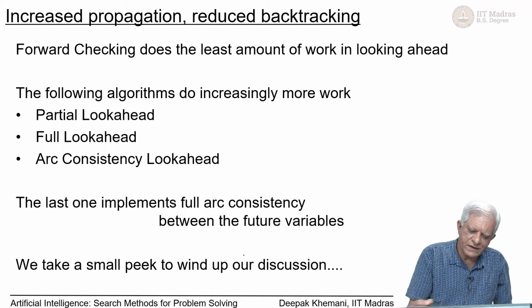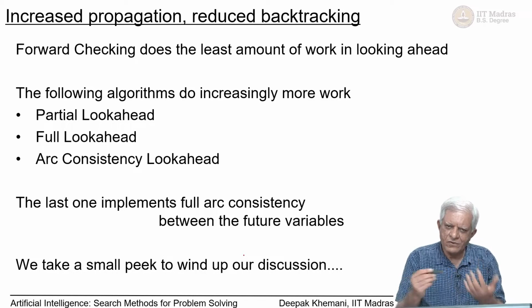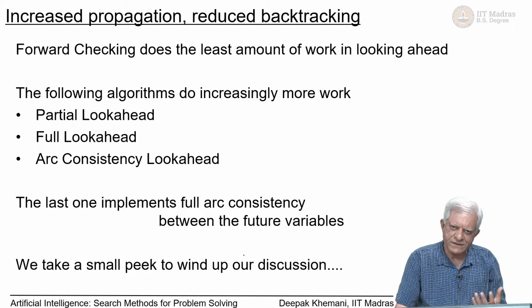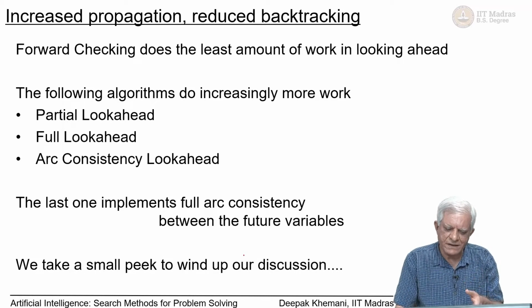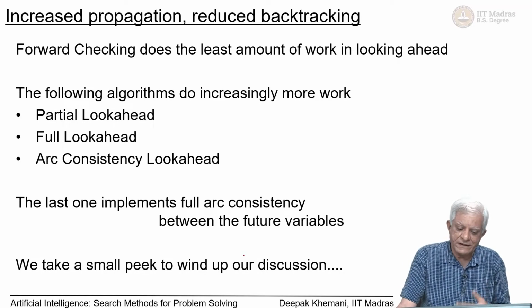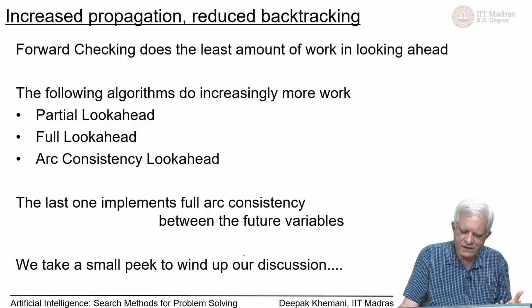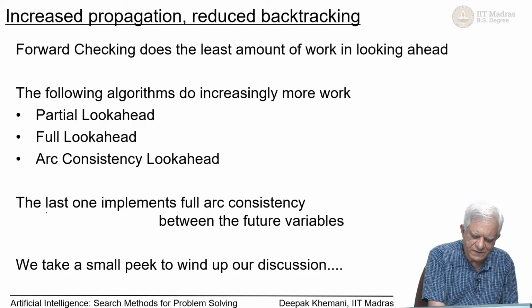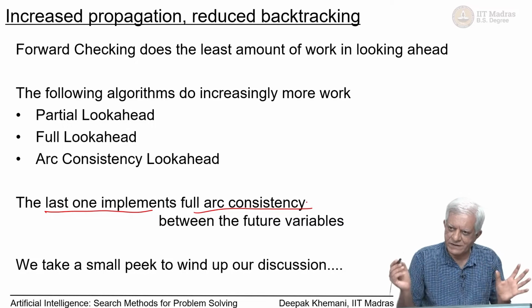Then there is full look ahead, which basically says that see consistency in both directions. Forward checking and partial look ahead are looking at consistency only in the forward direction. And then there is something called R consistency look ahead, and what that does, the last one, is R consistency, implements full R consistency between the future variables.